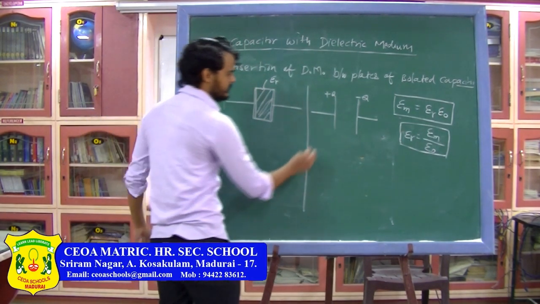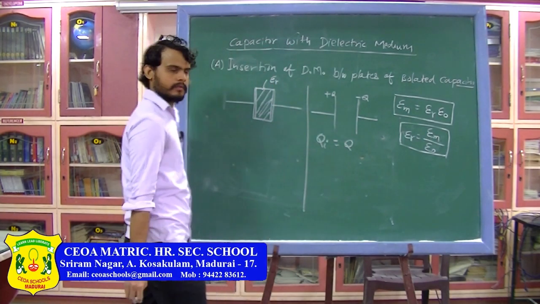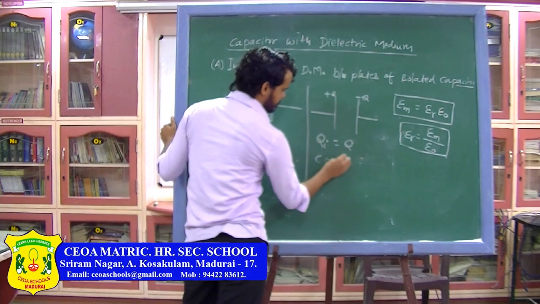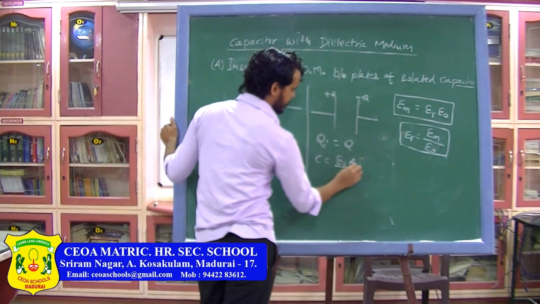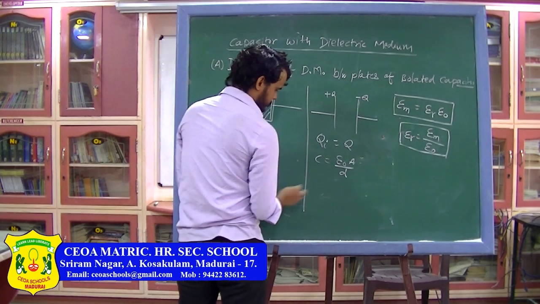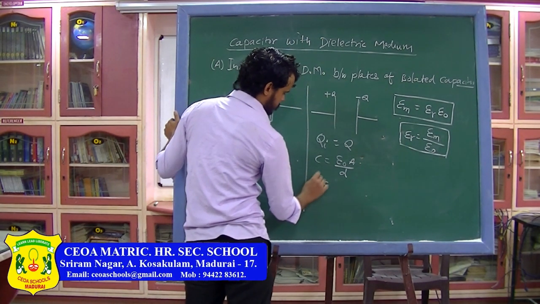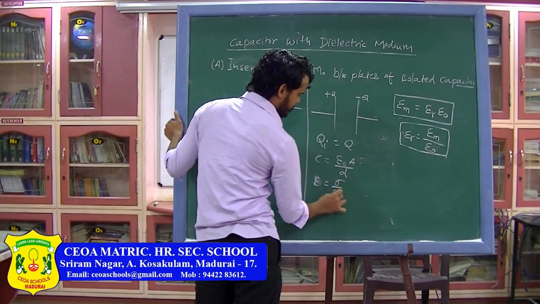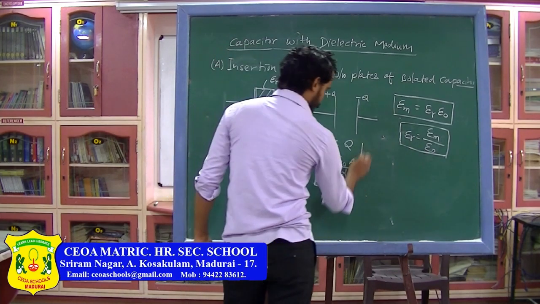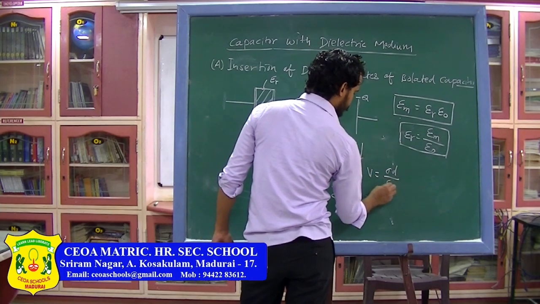So I can write the initial charge on one of the plates of the capacitor is Q. Capacitance can be written as epsilon naught A divided by D. Electric field can be written as sigma divided by epsilon naught. Potential difference can be written as sigma D divided by epsilon naught.